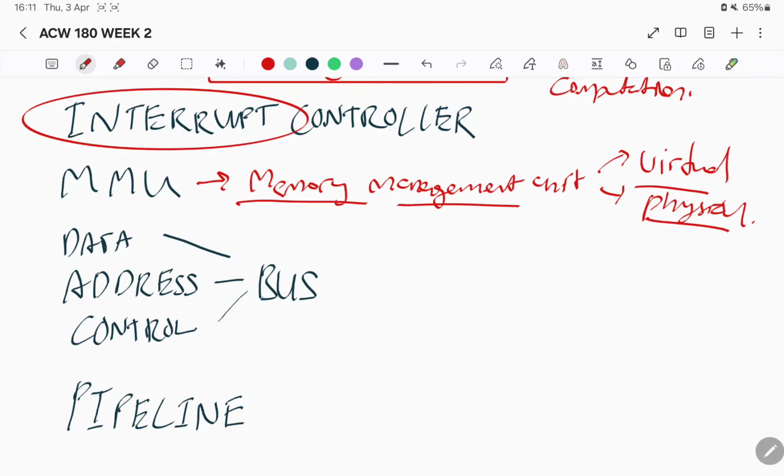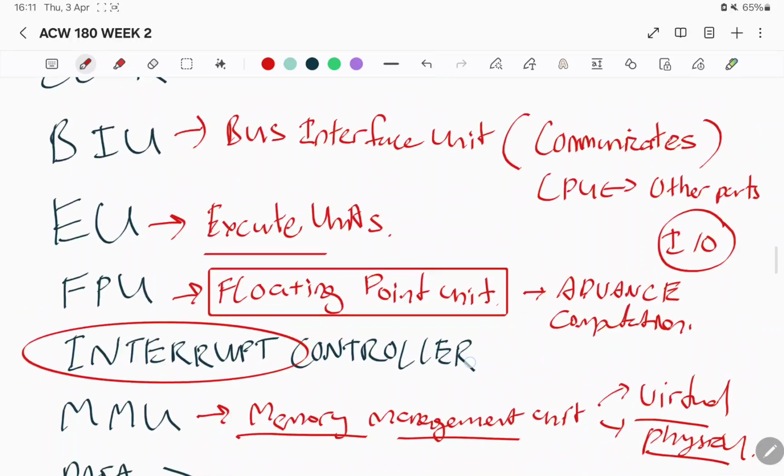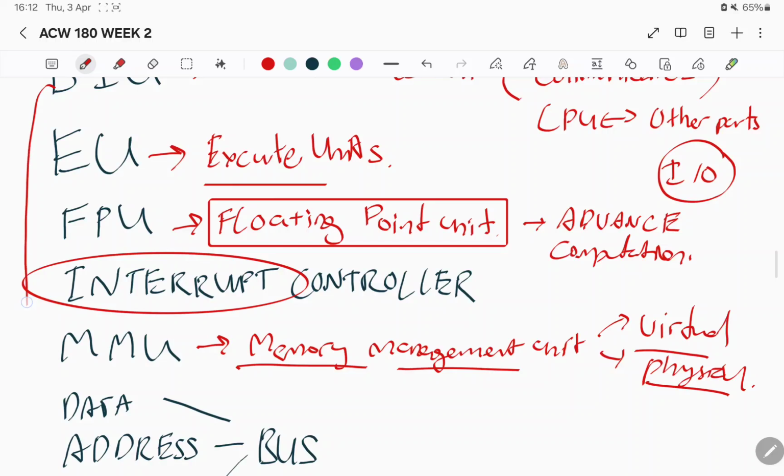Then we got the data bus, address bus, control bus. These are functions, alright? These buses are responsible for transferring data and control signals between the CPU and other components. So, bus interface, right? These are more detail of bus.